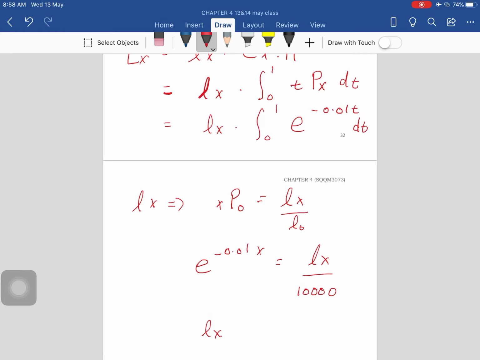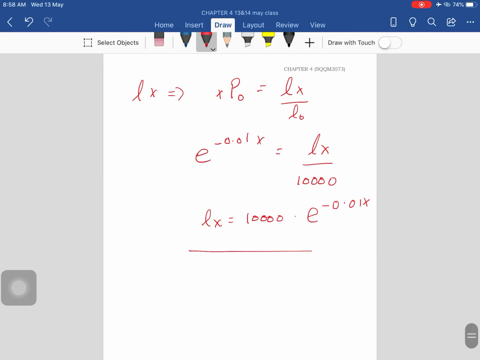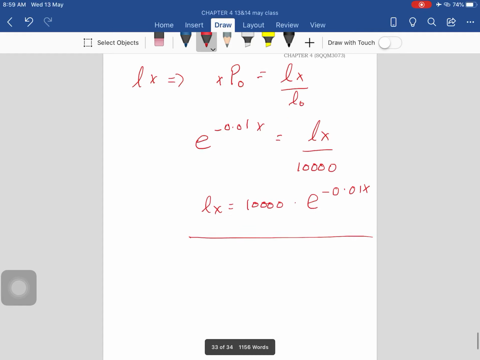So actually Lx is 10,000 times E negative 0.01x. So it's the same as here. Yep, this one. So this is actually Lx. Here we can get it from here. I would like to explain more so you can see it more clearly, I hope.